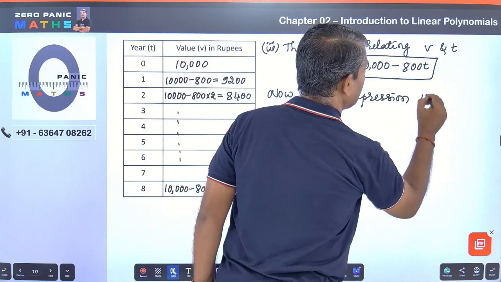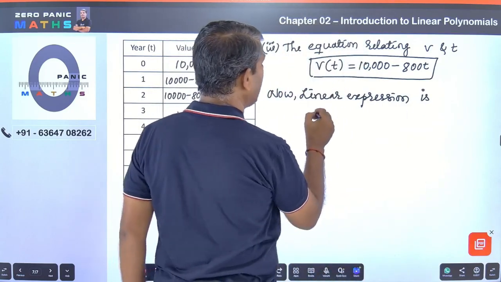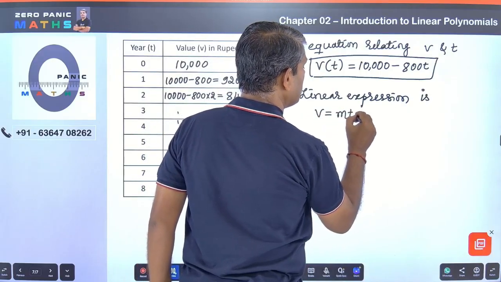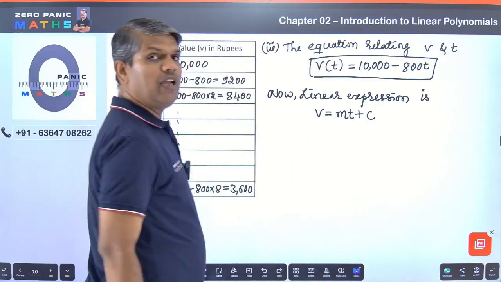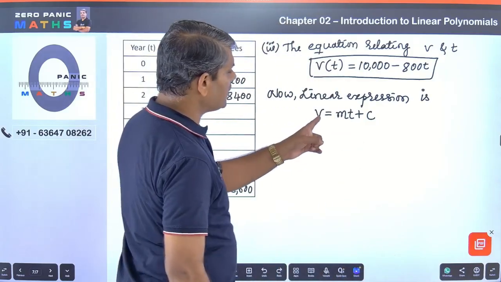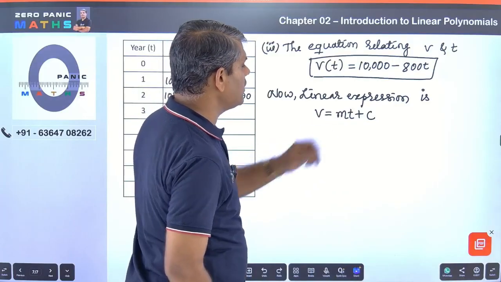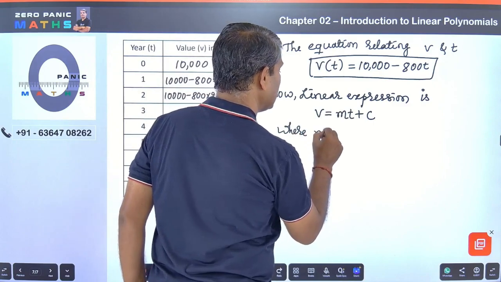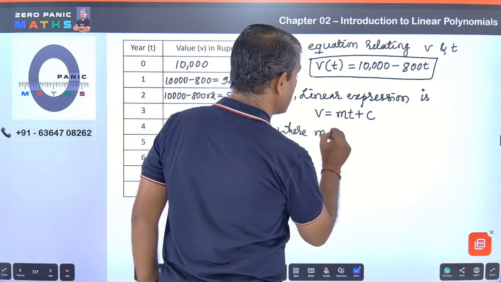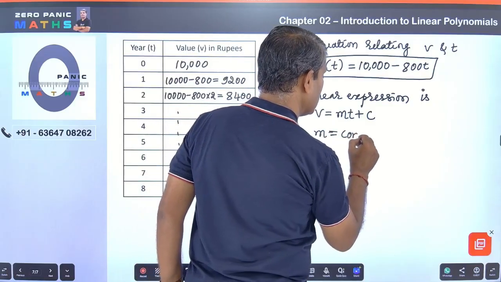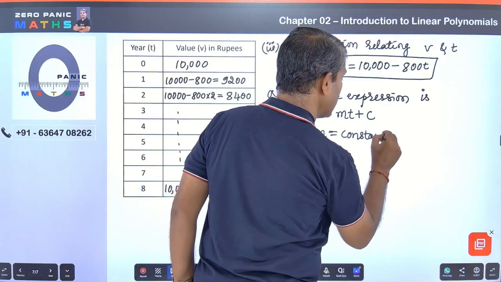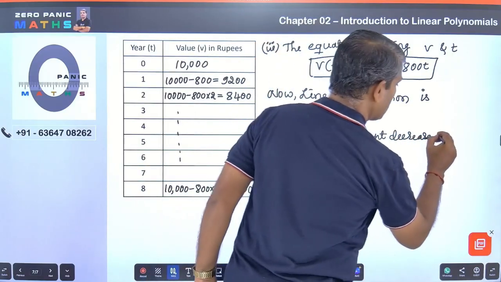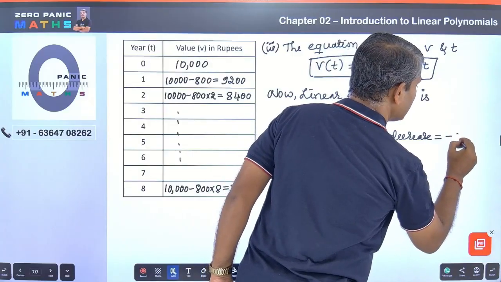The linear expression is V equals mt plus c, where m is the constant decrease in value, that is equal to minus 800.